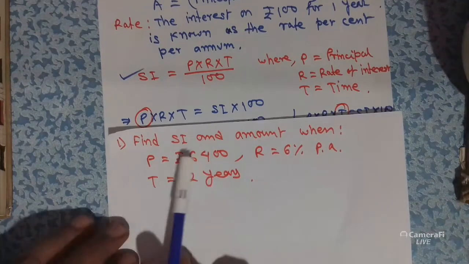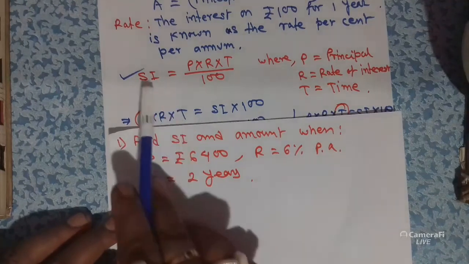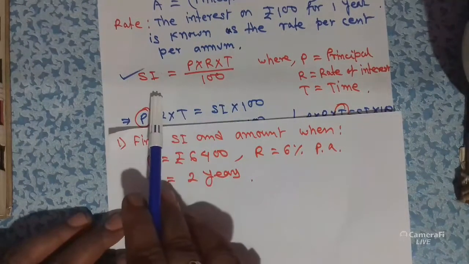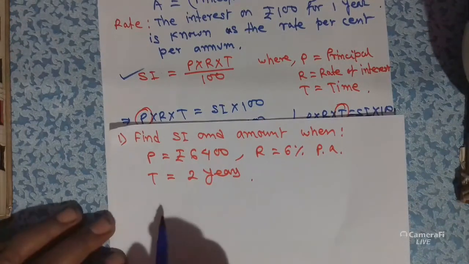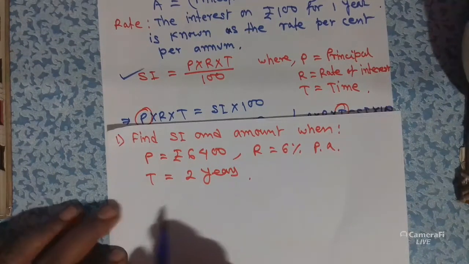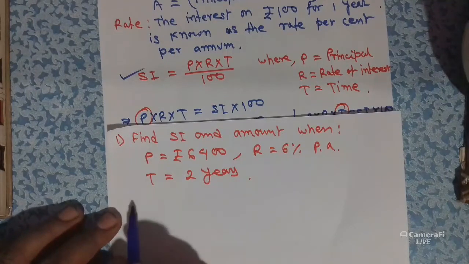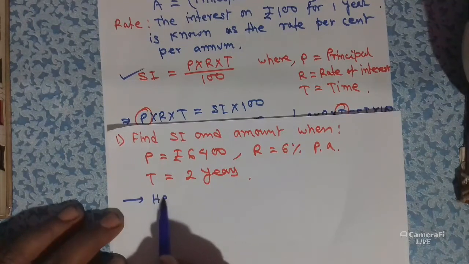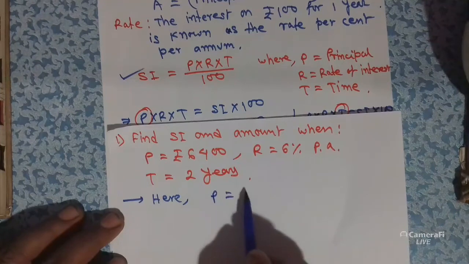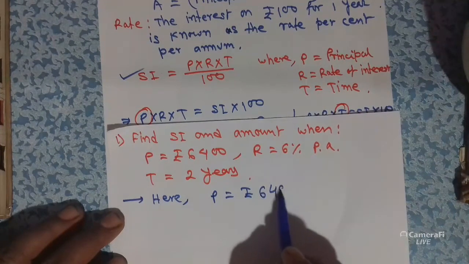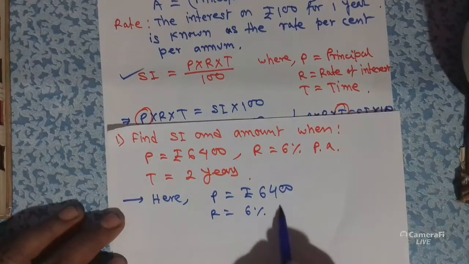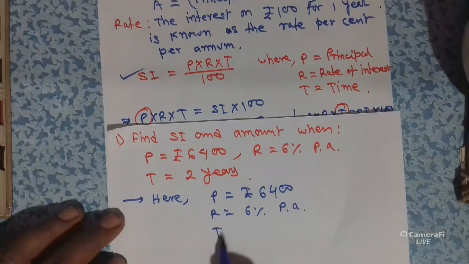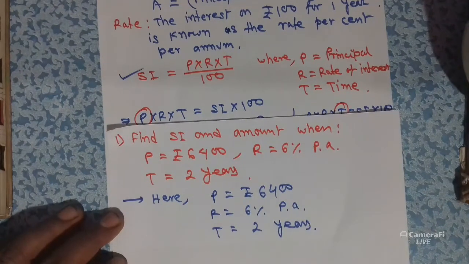Now here we have to find simple interest first. So we have to use this formula, SI is equal to PRT by 100. Here P is equal to rupees 6,400, rate of interest is 6% per annum, and time is equal to 2 years.